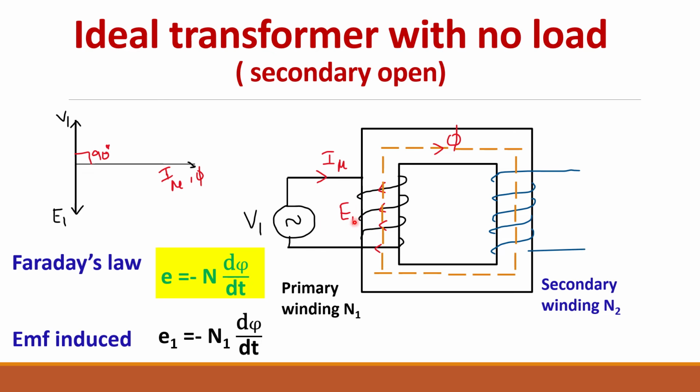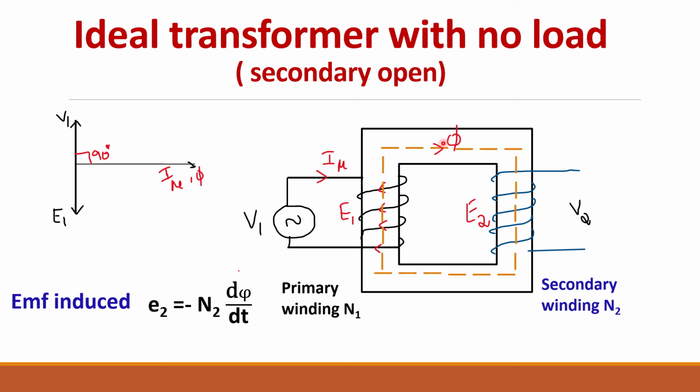Now the voltage E1 is given by minus N1 into d phi by dt. Normally in electrical circuits, small letters are used to denote the instantaneous value and capital letters are used to denote the RMS value. So the instantaneous EMF e1 is equal to minus N1 into d phi by dt.